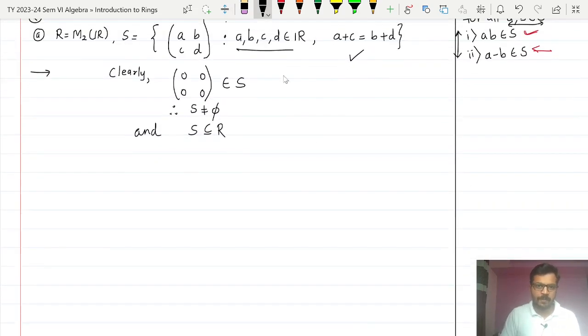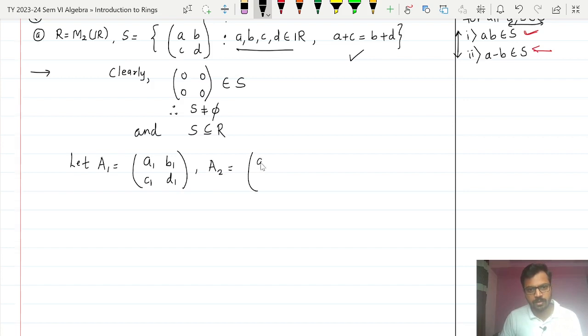Let A1 be the matrix a1, b1, c1, d1 and A2 the matrix a2, b2, c2, d2, belonging to S, be any elements.